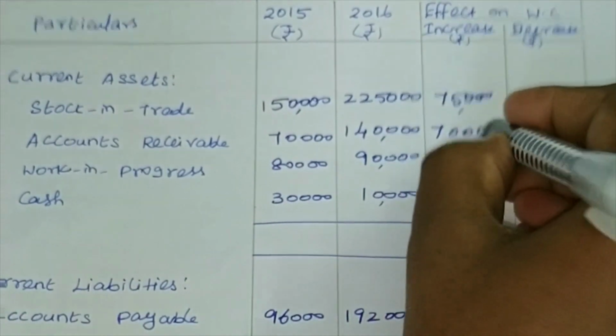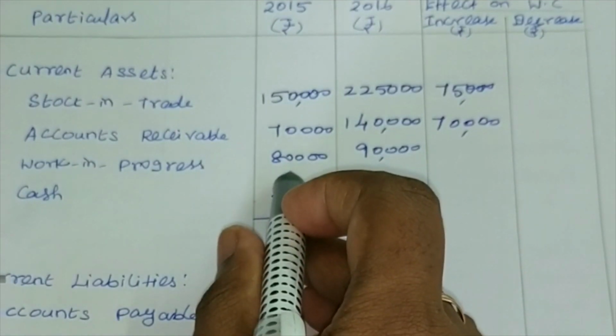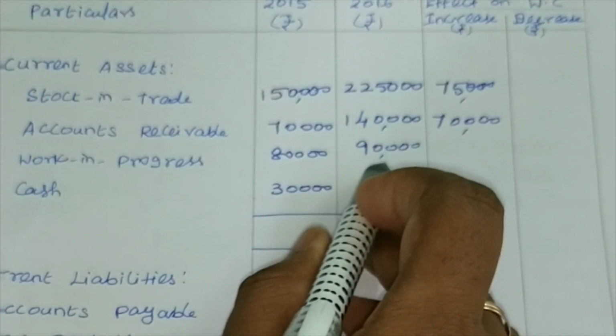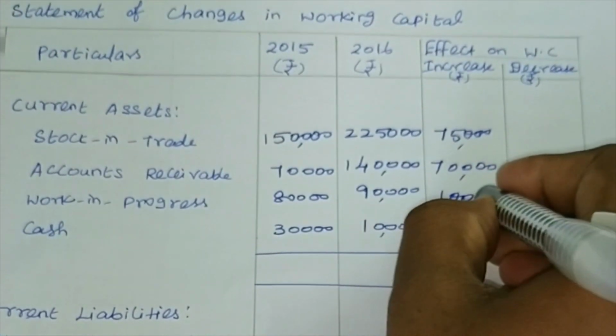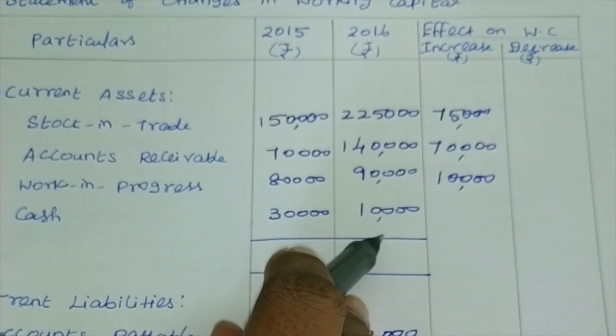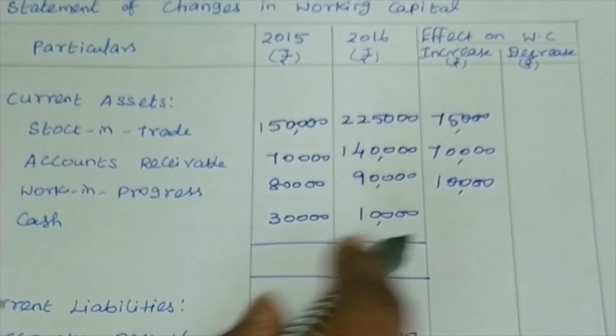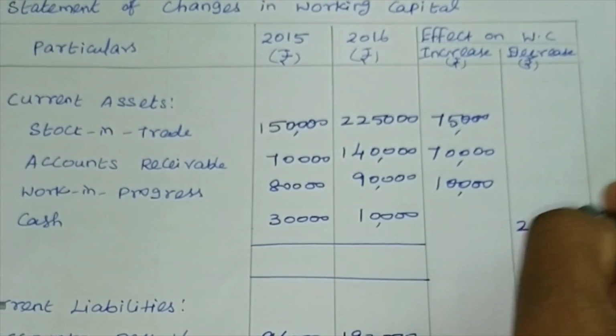Enter it in the increase column. Then work in progress 2015, 80,000. In 2016, 90,000. So 10,000 increased. Cash in 2015, 30,000. In 2016, 10,000. So 20,000 decreased. Enter it in the decrease column.